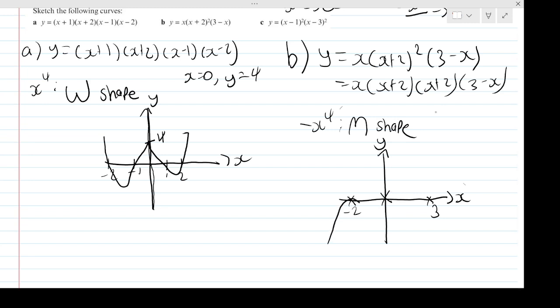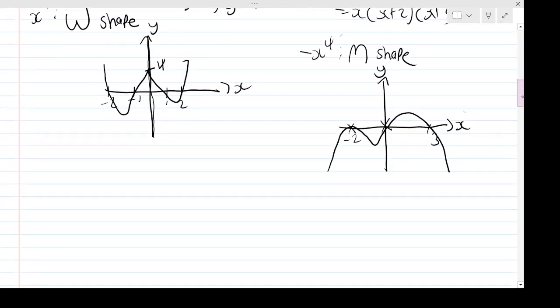That's not the best drawing, is it? So it'll look a bit like that, okay? And there we are. Cool. So there we are. Lovely. Okay, so that's part B.